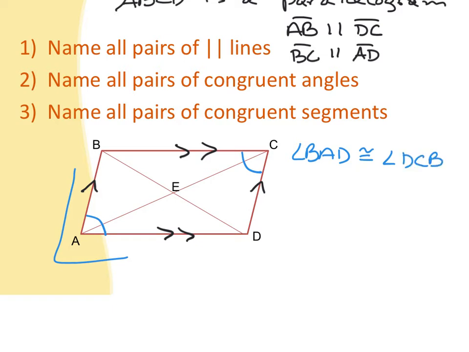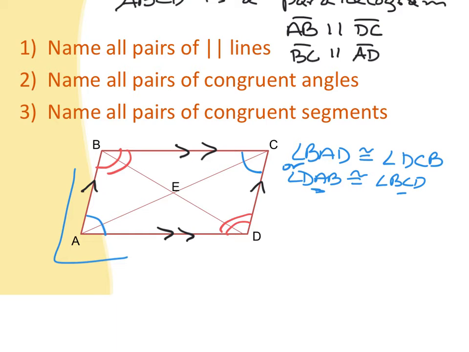DCB. Now I could have gone in the other order. I could have also called this DAB congruent to BCD, but just notice the A and the C are in the middle. These both mean the same angles. Then the other pair of opposite angles is this one over here and this one over here.